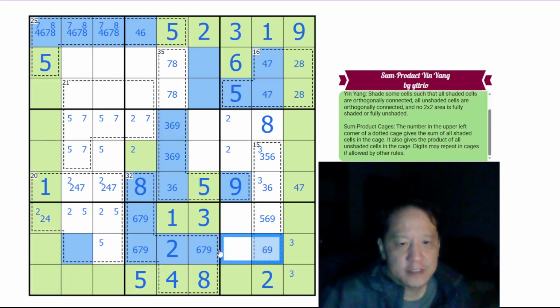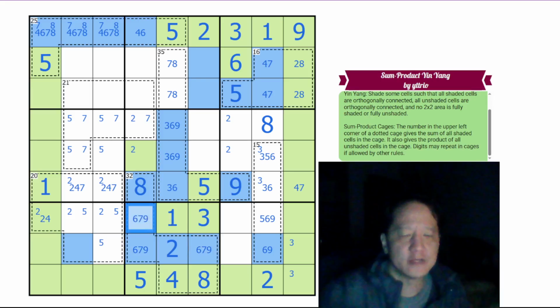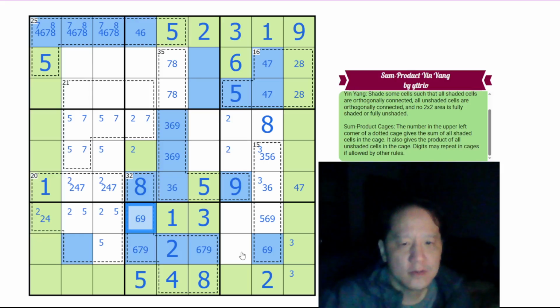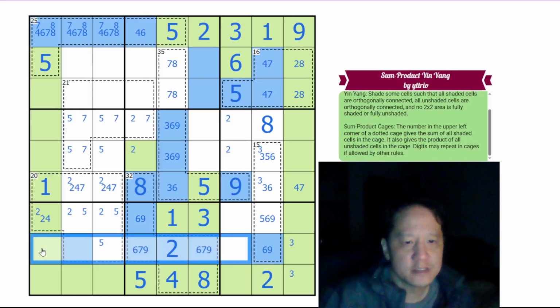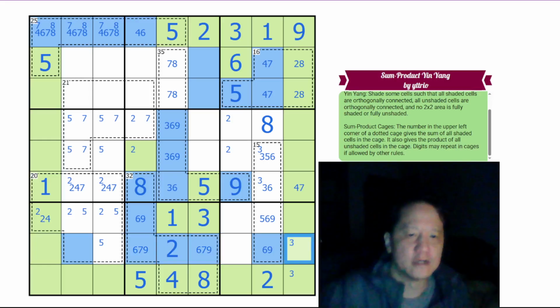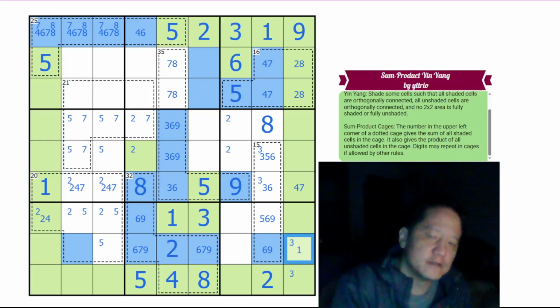We have a 6, 7, 9 triplet in row 8, which eliminates 6, 7, 9 in the rest of the row. That means 7 has to be one of these two digits, which means this cannot be 7 here. Remaining digits in row 8 are 1, 3, 4, 5, 8.